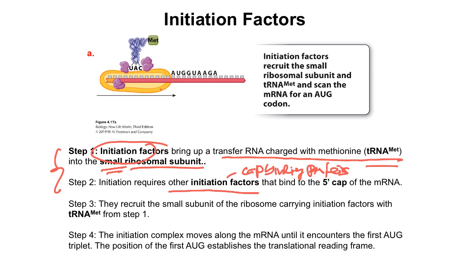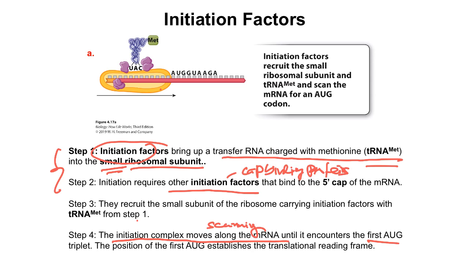So in step three, therefore, the initiation factors recruit the small subunit of the ribosome carrying initiation factors with tRNA from step one. And then in step four, the initiation complex starts moving along the mRNA, which technically we call the scanning process, until it encounters the first AUG triplet.